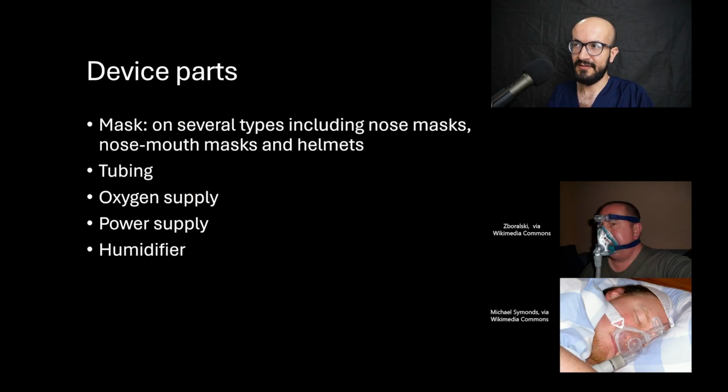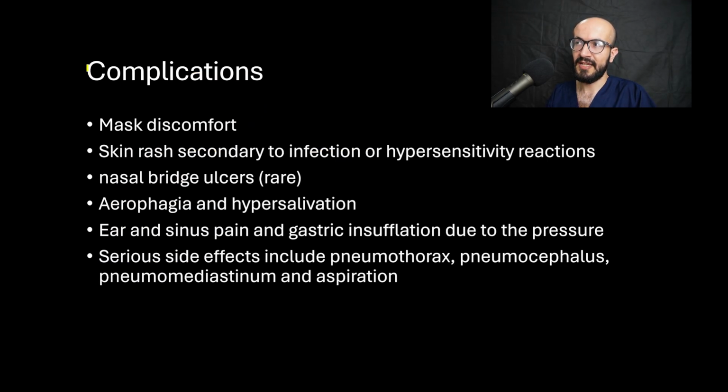Now let's talk about the device parts. So we have the mask, which has several types, including nose masks, nose and mouth masks, and helmets. We have the tubing, the oxygen supply, the power supply, and the humidifier. Now let's talk about the complications.